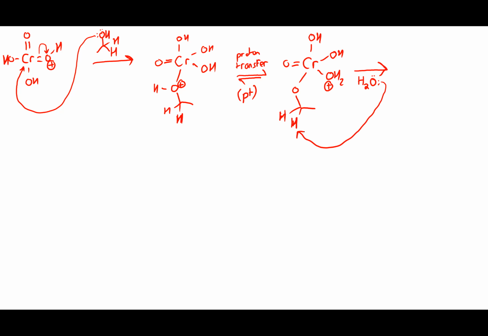It takes a hydrogen. The electrons in the hydrogen-carbon bond make a carbon-oxygen double bond. That's forcing the oxygen to break a bond. It's going to put some electrons onto chromium, and then the chromium is going to lose water. So let's just number those bond arrows.